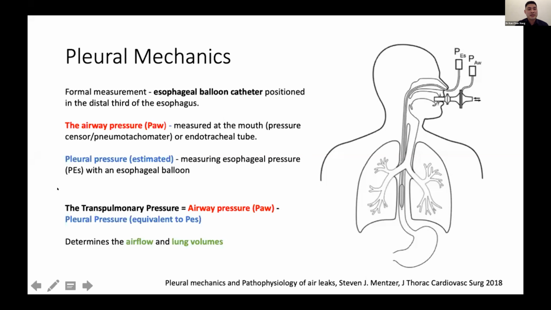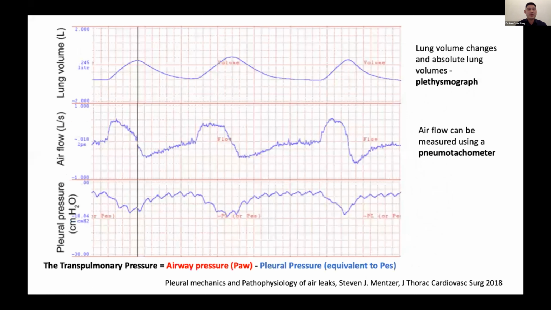An important term here is the transpulmonary pressure. Transpulmonary pressure is the difference between the airway pressure and the pleural pressure. This transpulmonary pressure is the pressure that drives airflow into the thoracic cavity and therefore brings in your lung volumes. Okay, so this diagram shows the fluctuation and cyclical variations of these parameters in inspiration and expiration.